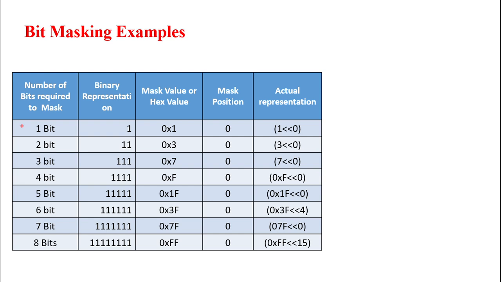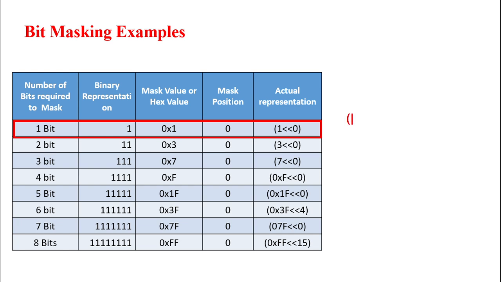In the first row, I want to create a bit mask of 1 bit. Binary representation is 1. Mask value or hex value is 1, and let us keep the mask position as 0 at this moment. When you write it, I'm going to write its actual representation like this.